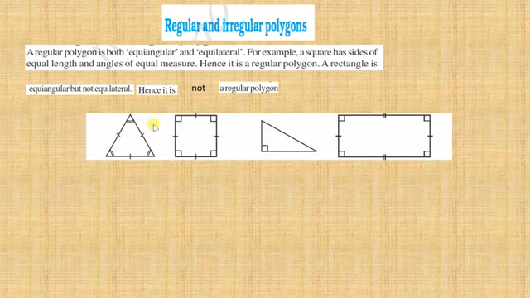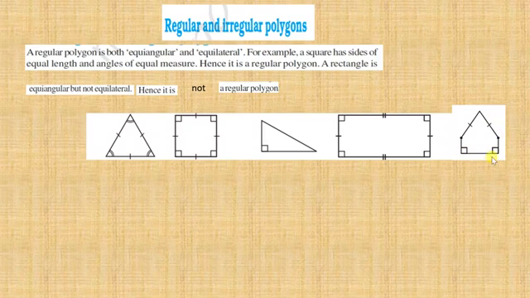Another example of a regular polygon is the equilateral triangle. In an equilateral triangle, all the sides are equal and all the angles are also equal, they are of 60 degree. Another example of an irregular polygon is a right triangle. Here all the angles will not be equal. This is 90 degree and these two will be your acute angles.